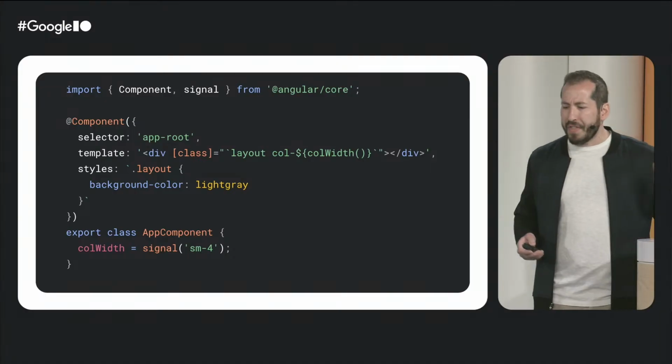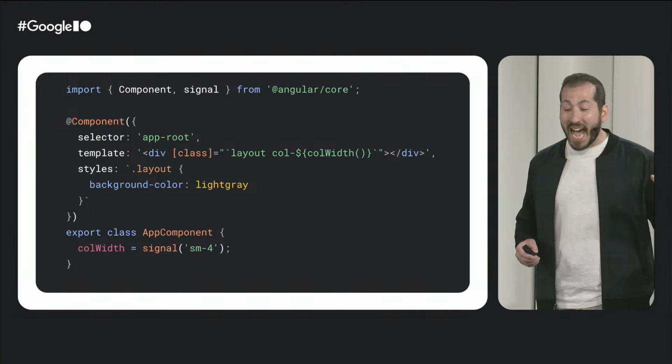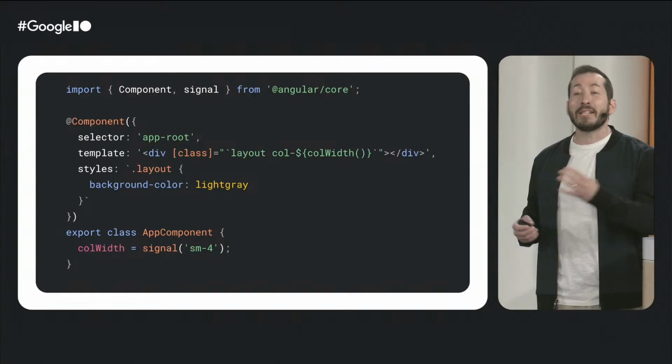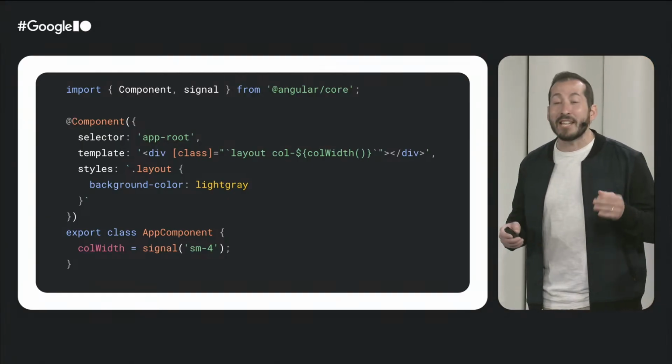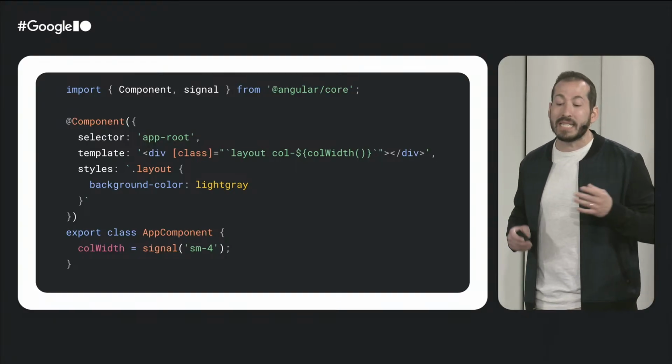This could be useful for things like improved readability, dynamic class naming and styling, enhanced string manipulation, inline expression evaluation, and more. Here, we're able to cleanly interpolate the col width property into the class list of this div.